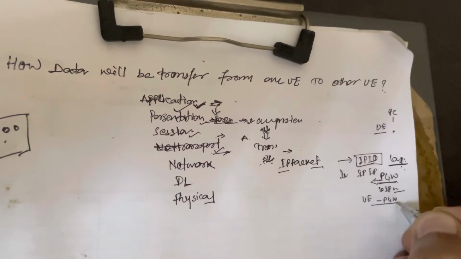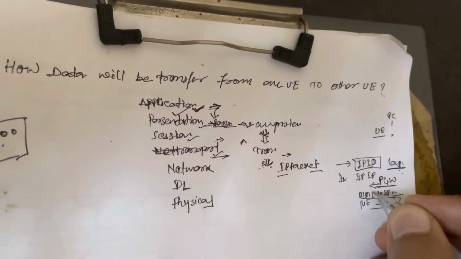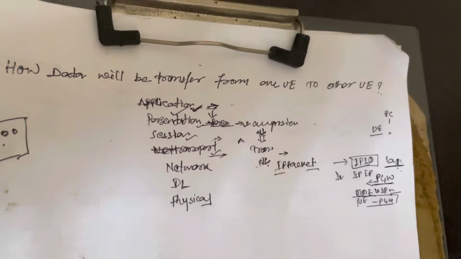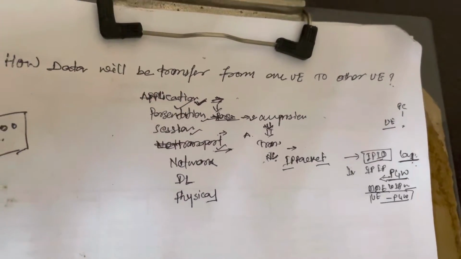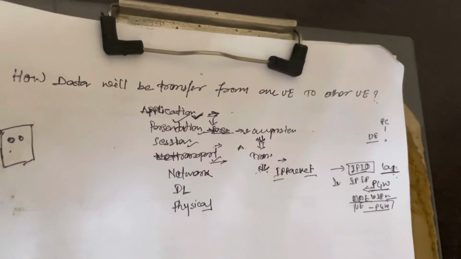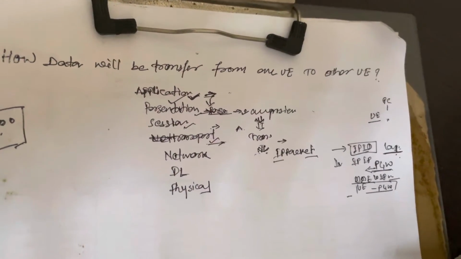So how will the UE communicate with the PGW? Through the MME, right? The UE has one protocol called the NAS message. So through NAS it will communicate with the MME, right?